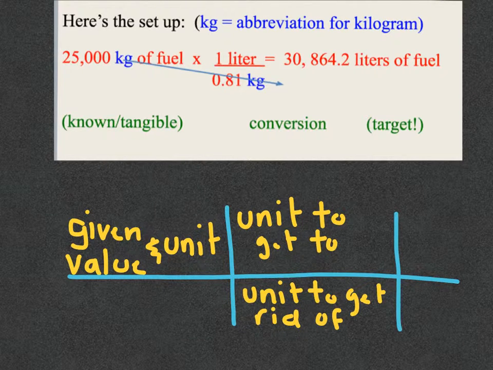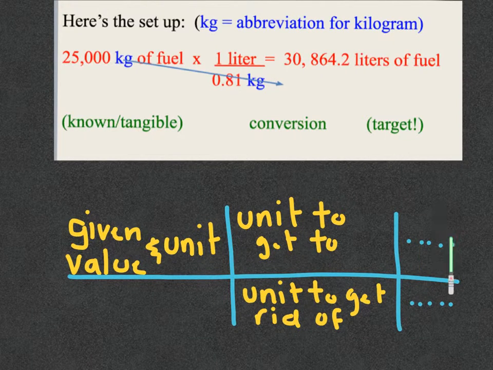This can continue as many times as we need. So I'm going to put some dots here. We can have conversion factors, 5 of them strung together in a row, but you build the table here as large as you need it, okay? So we may need to keep going and have another conversion and another conversion. We'll take a look, okay?